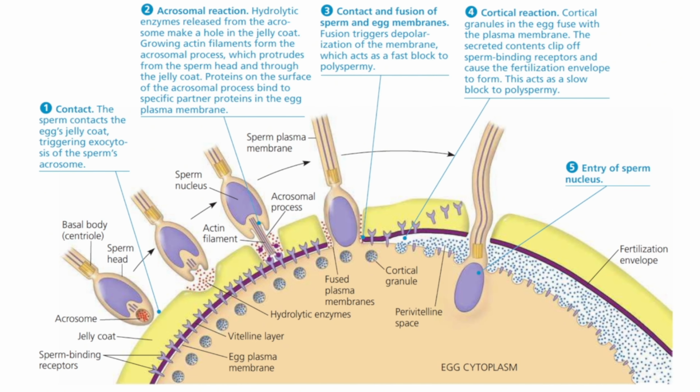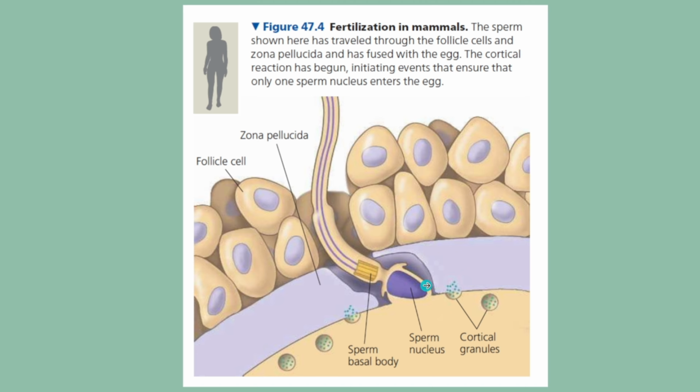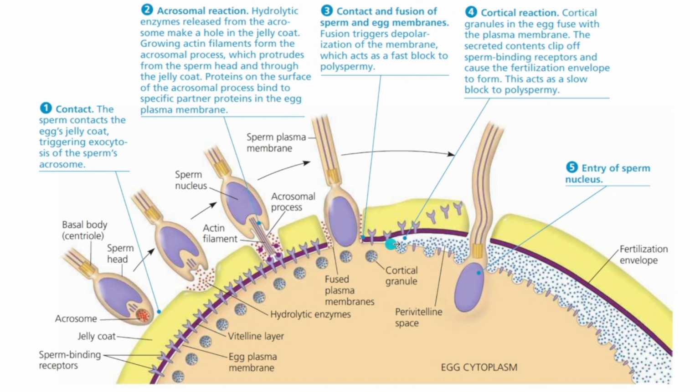Okay, so after that, when your sperm head starts to penetrate into the cytoplasm of the secondary oocyte, the sodium ion channel starts to open inside the cell. This diagram does not show it, but in humans they have the sodium ion channel here in the plasma membrane of the cell.